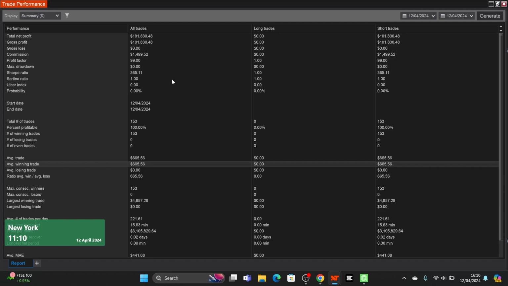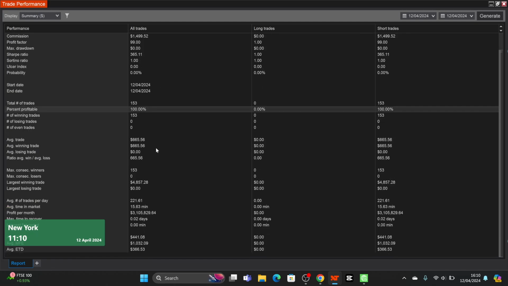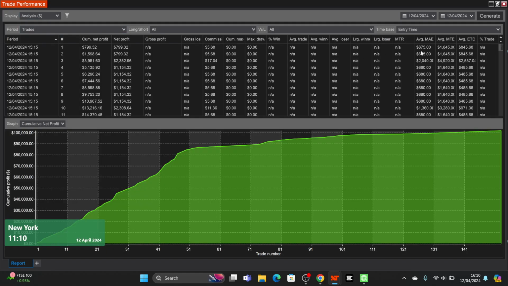We've got VIX seen above 25. 100% accuracy. Came in and started doing trades based on 2 tick targets, all sorts of crazy stuff. But if we go to the analysis page, I believe this is generated.